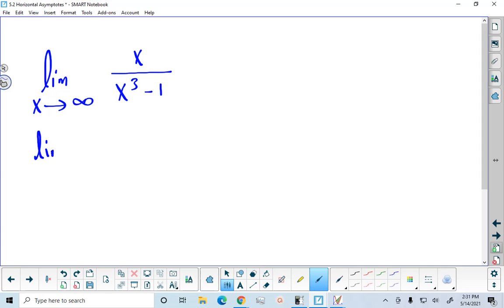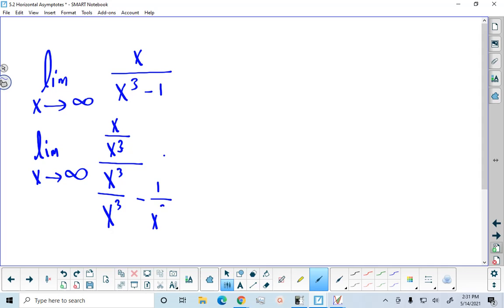The highest degree on x is x squared, so we divide every term by x squared. Sorry, the highest degree is x cubed, so we divide every term by x cubed. What do we get?